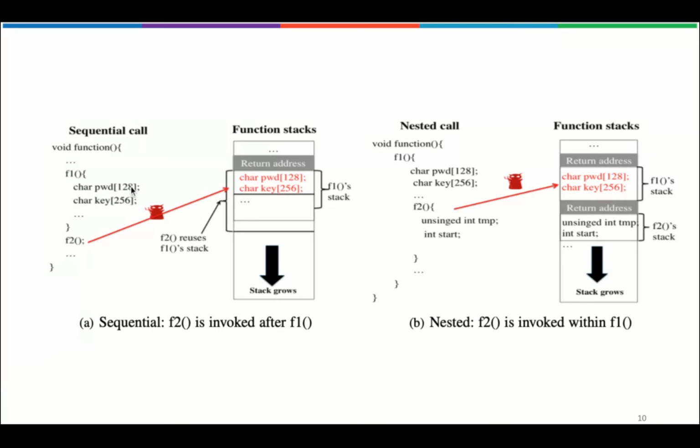That is, untrusted functions can access sensitive data on the stack and heap of sensitive functions. We are just talking about the stack right now. So F2 can access the sensitive data that is there in F1.